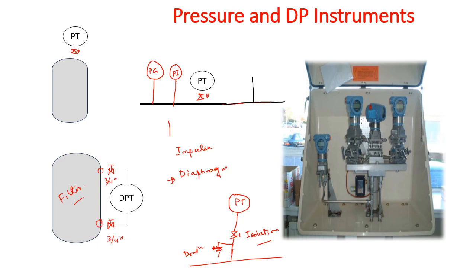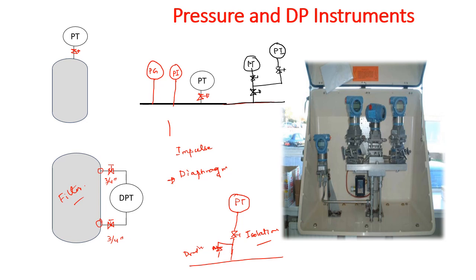basically if it is a single tapping, then there will be a first root valve here, and from the root valve you will see one PT here with a root valve here, and then maybe another PT, or suppose in this case there is a PG, so this will be shown as PI or PG.